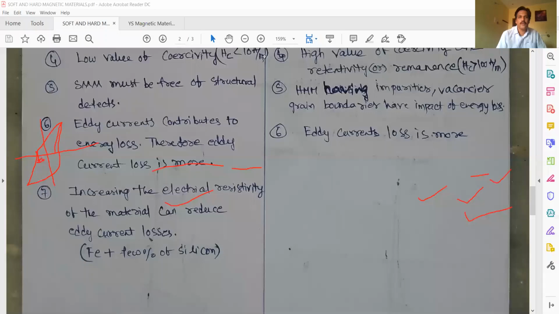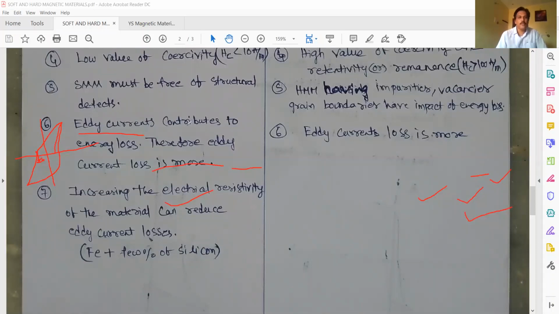So what is the meaning of eddy current? Eddy current means your iron is a metallic element. Metals are good conductors of electricity. When you place these metals in magnetic fields, what happens? According to Lenz's law, a change in magnetic flux creates current in the metal.